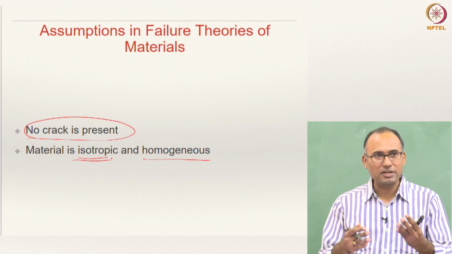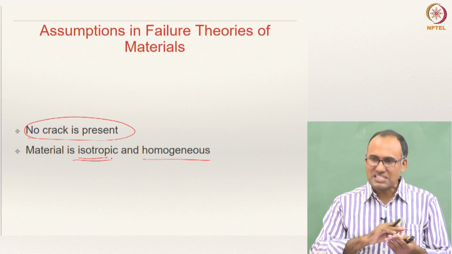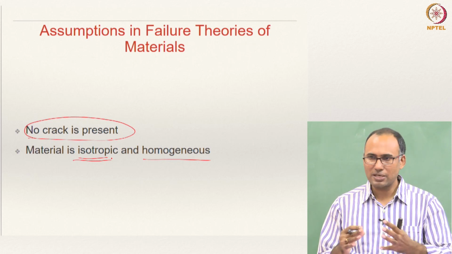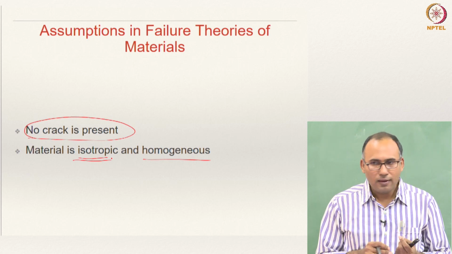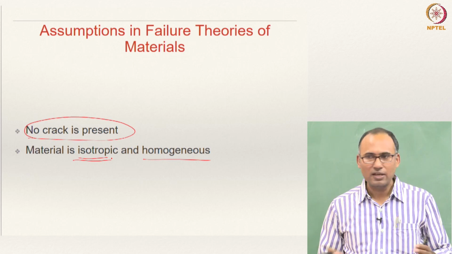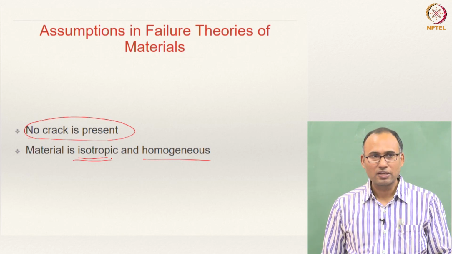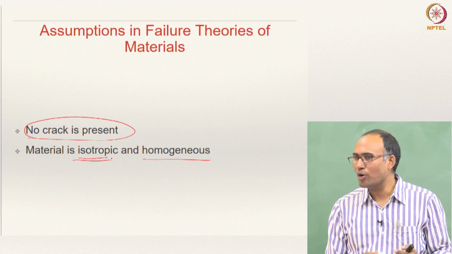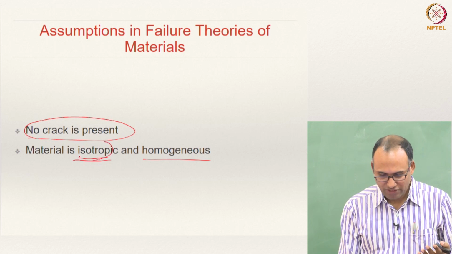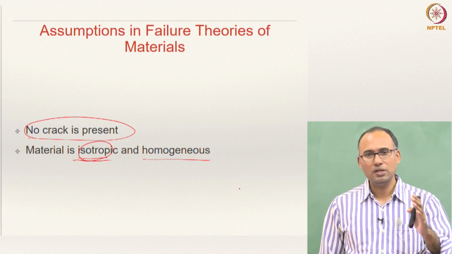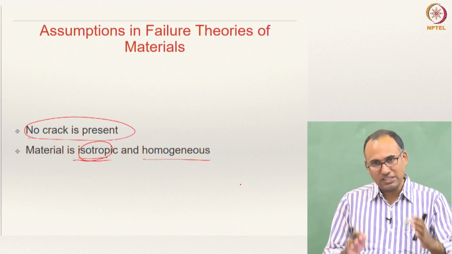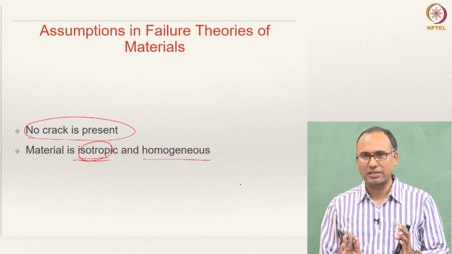Polycrystalline materials, many of them, are isotropic, unless there is some additional processing that is done, because of the averaging out of the orientations of all the grains, and eventually you will get an isotropic behavior. So, here we are essentially talking about failures in a polycrystalline material, because we are assuming isotropy. But in principle, you should also be able to derive these failure theories even for anisotropic materials. But in this class, we are restricting ourselves to isotropic materials. Okay?